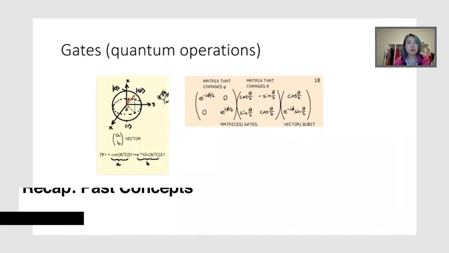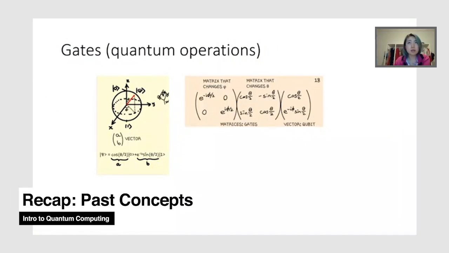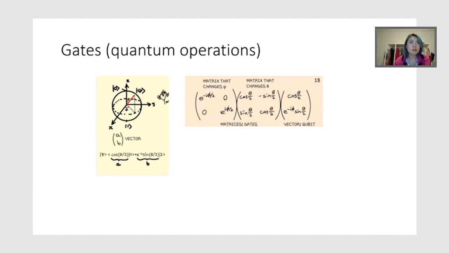So just to recap, from last Sunday, we discussed the concept of gates, and we introduced a graphical presentation called the Bloch sphere to show that any qubit is representable on this sphere, which tells us what the state vector is.